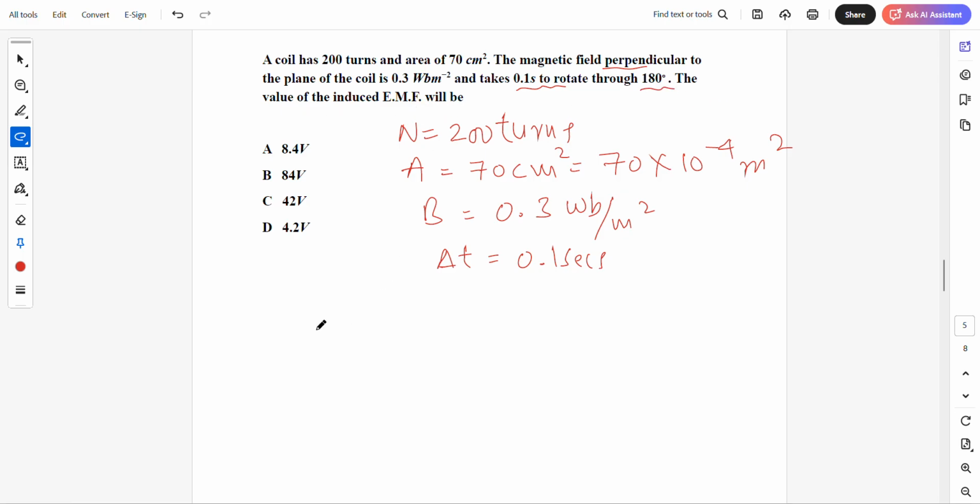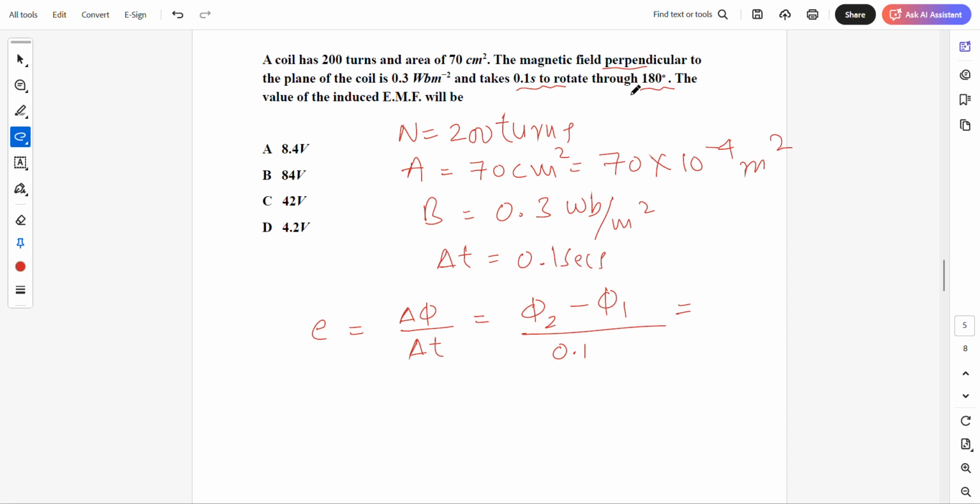We know that E is equal to delta phi by delta T. Right. That is equal to phi 2 minus phi 1 by delta T, which is 0.1. How much is phi 2?